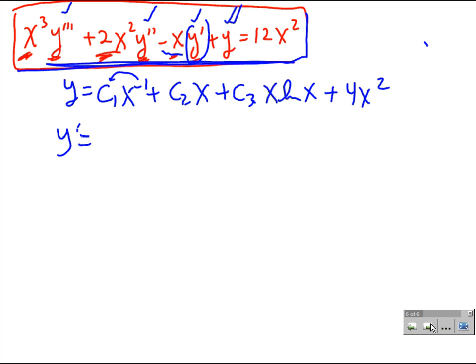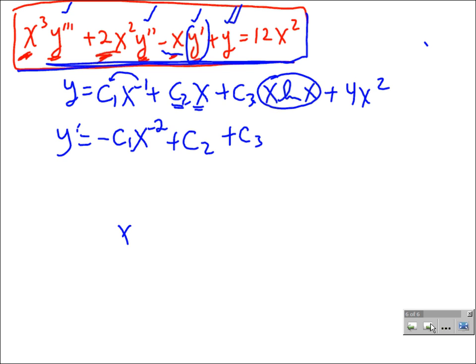Bring down the power, get negative c1x to the negative 2, make the new power 1 less, plus any constant times x. The derivative is the constant, plus c3 times the derivative of that. Since it's x times ln of x, when I take the derivative, and use a product law, I do the derivative of the first, which is 1, times the second function.